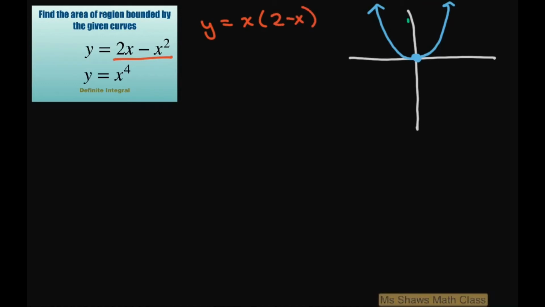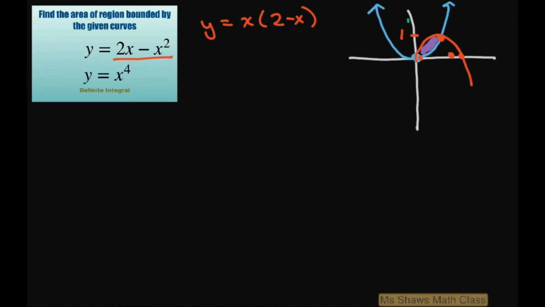So basically we have intersections at 2 and 0. It's going to go up, and for the intersection points, let's put this at 1. Here's your intersection point. It goes like this, comes down like that. So basically this is your shaded region that we're looking for.